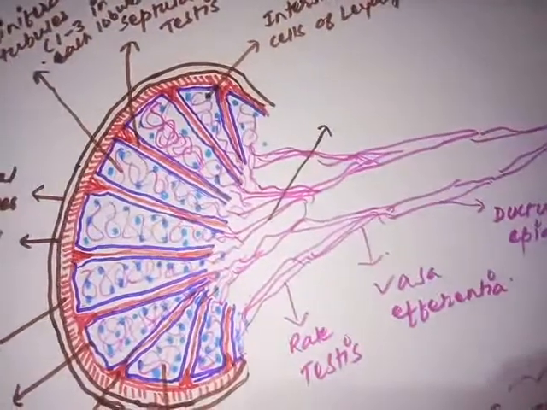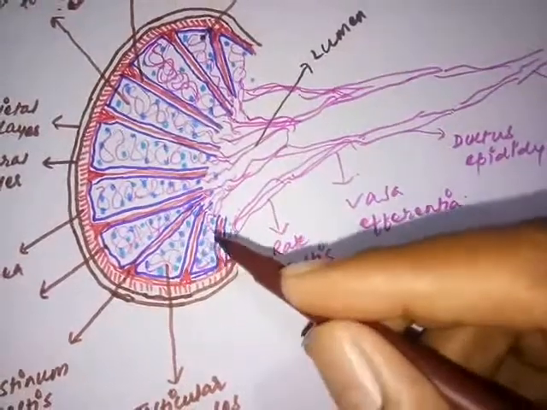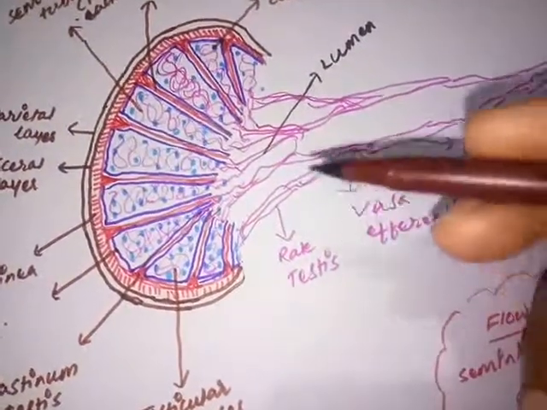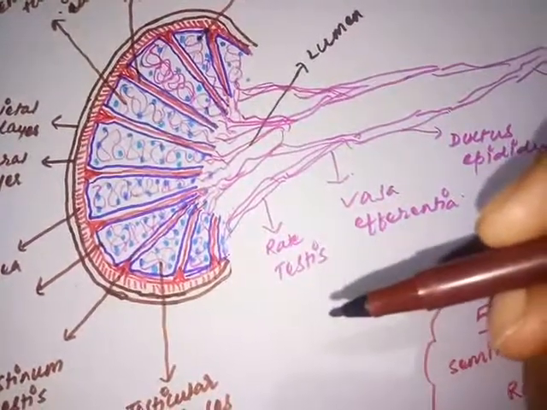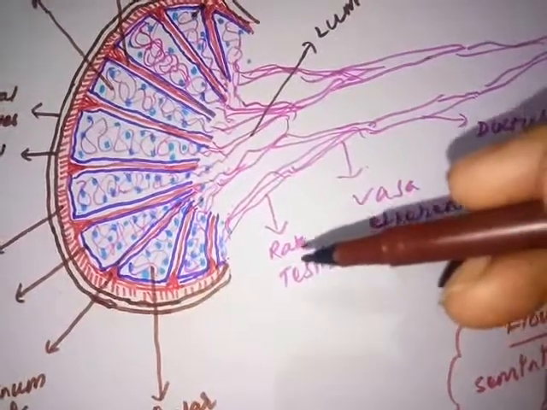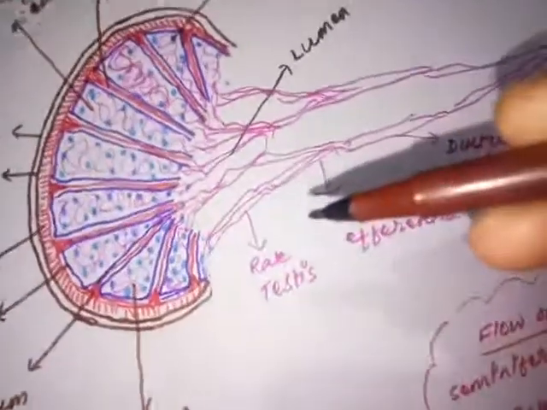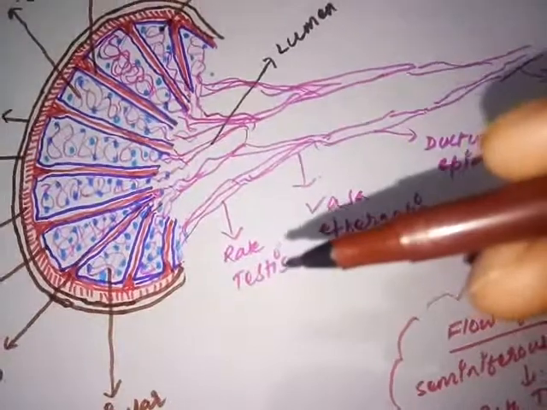In the lumen, many of the seminiferous tubules that come out from the testicular lobules join together to form a thin network of tubules once again. That thin network of tubules is called rete testis. This one is the rete testis. So many seminiferous tubules combine to form the thin network of tubules called rete testis.